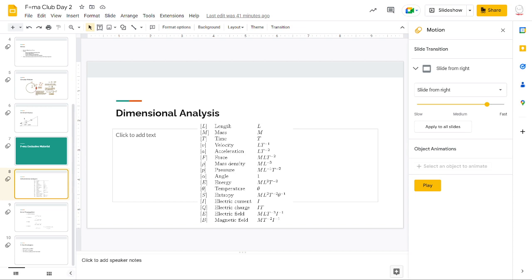Our density is measured through M divided by L cubed, and our pressure is measured through M divided by L T squared. And what we want to get to is, again, L over T.